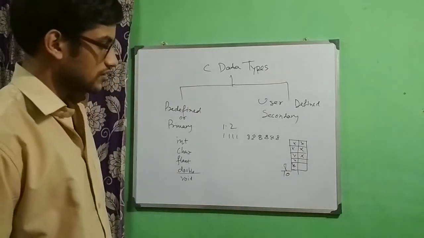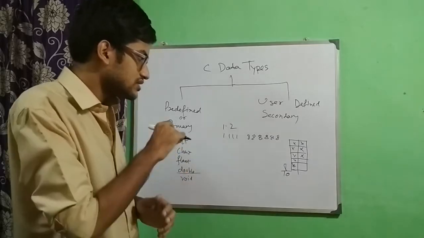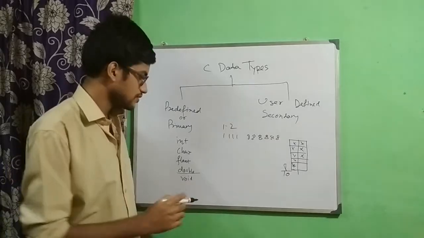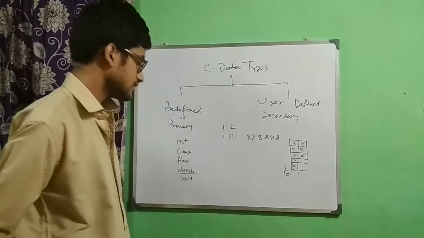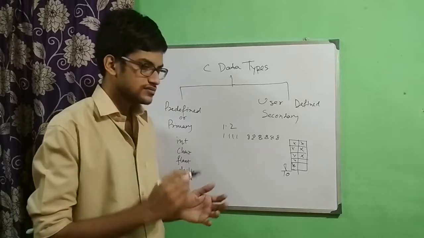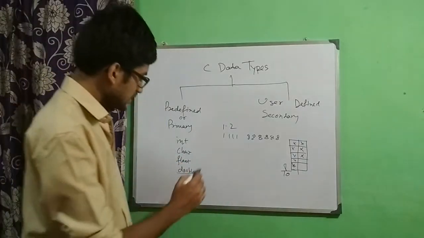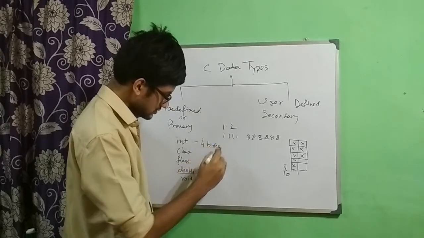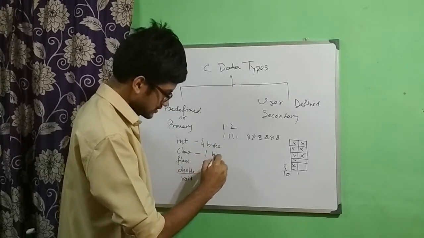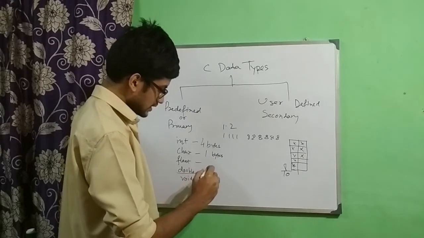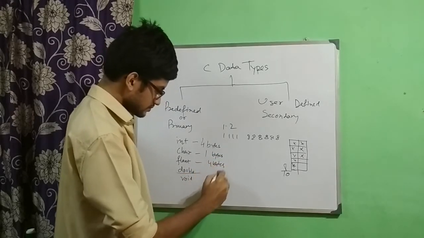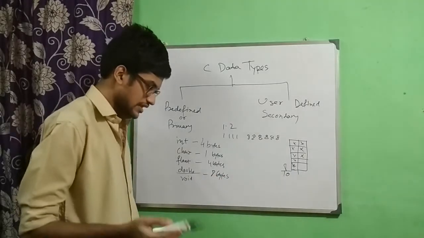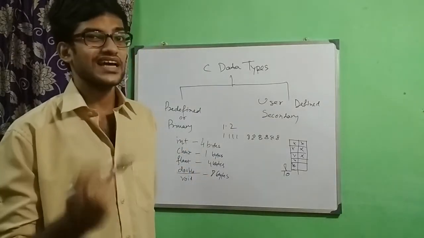If you want to understand how this memory allocation works, for each of the data types there is a predefined size. Integer will take, for modern compilers, 4 bytes. Char will always take 1 byte. Float will take 4 bytes. Double will take 8 bytes. In some compilers, there is also support for the long data type, long long.